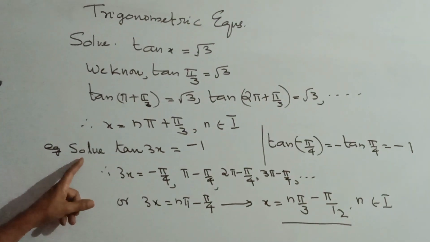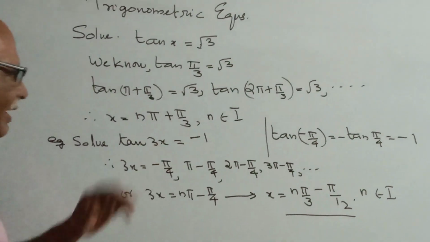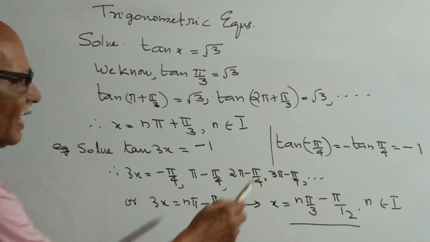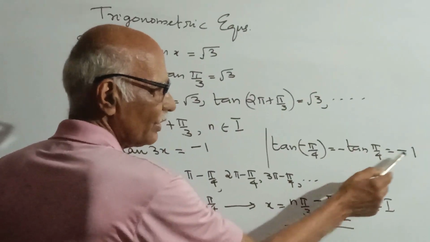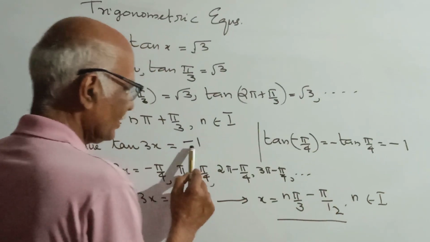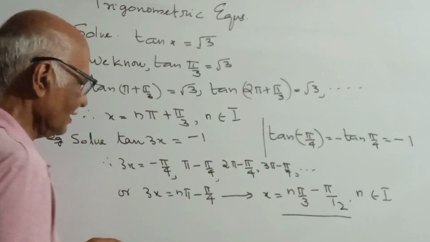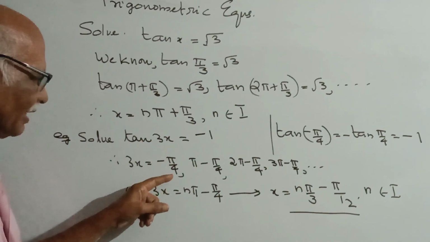Now let us see how we solve tan 3x equals minus 1. You know tan of minus pi by 4 is minus tan pi by 4, which is minus 1. So this minus 1 means the angle 3x is minus pi by 4.